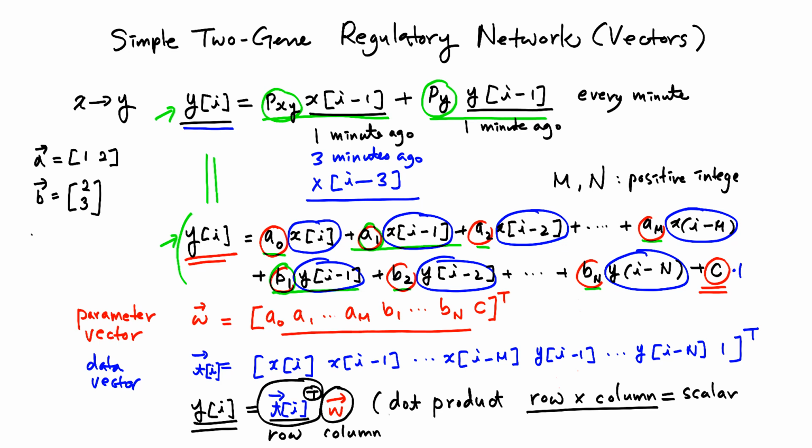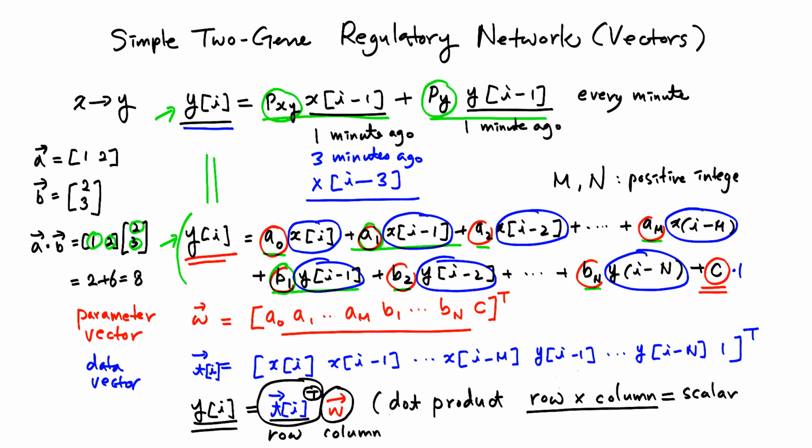If you have a dot product, A times B, you will have something like this, 1, 2, and 2, 3 here. And you multiply this by this, and you get 2. Then you multiply this by this, and you get 6. And the answer is 8.